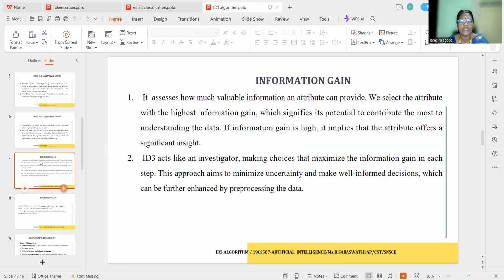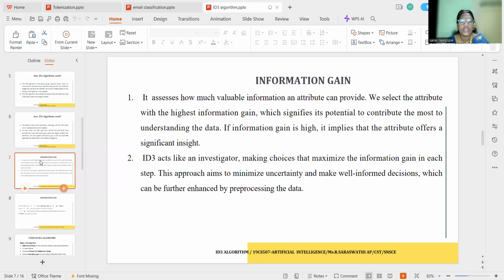Information gain assesses how much valuable information an attribute can provide. We select the attribute with the highest information gain, which signifies that it contributes the most to understanding the data. If the information gain is high, it implies that the attribute offers significant insight.